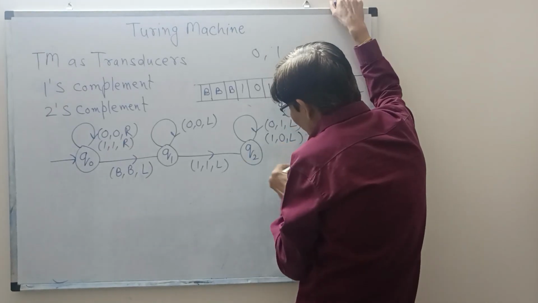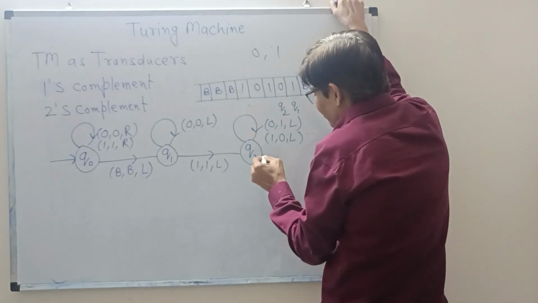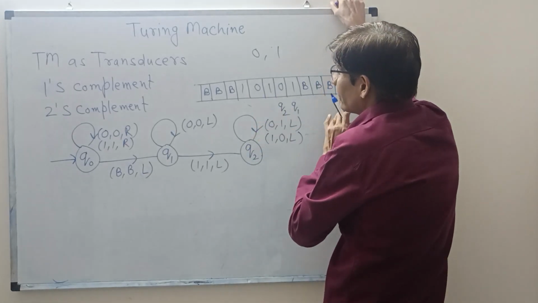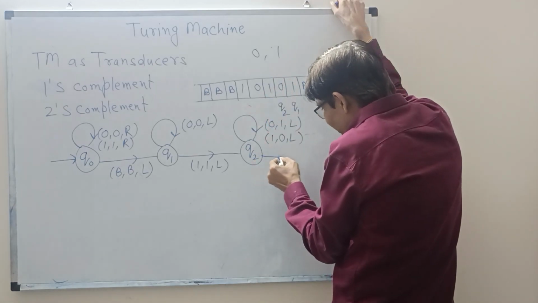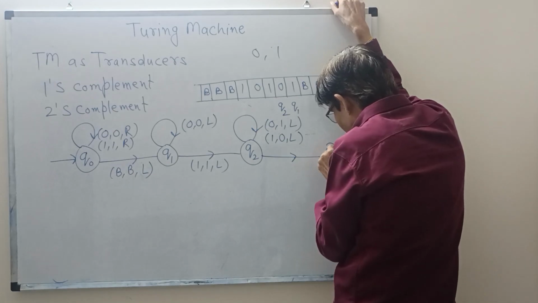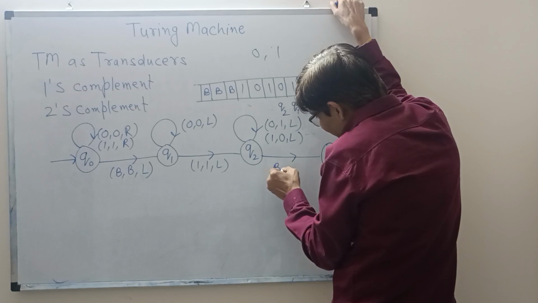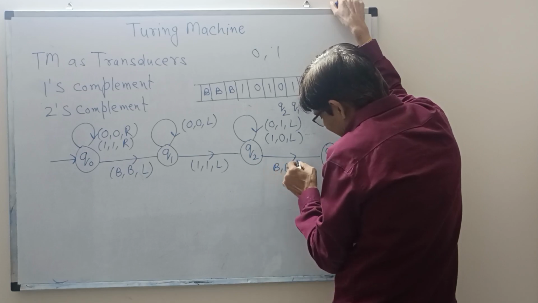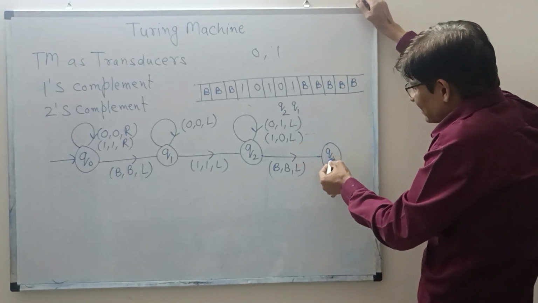And on Q2, if you are getting blank, that means you have completed all input symbols. So you will move to the next state, which is Q halt, and you will leave this blank as it is. And as you are reaching Q halt, your machine will halt.